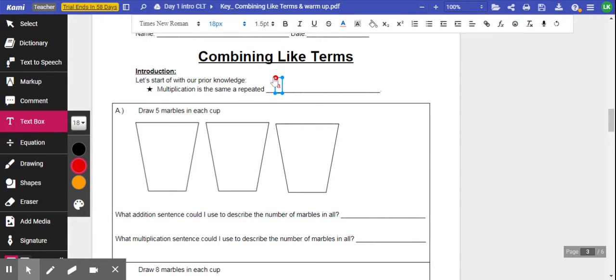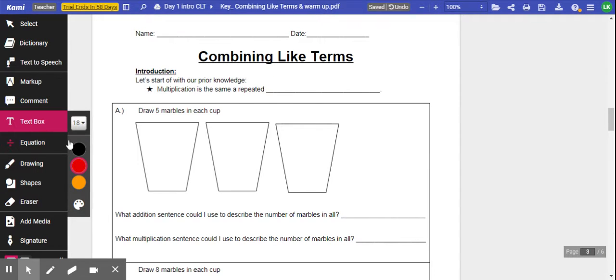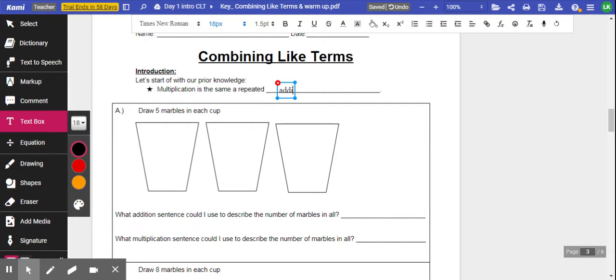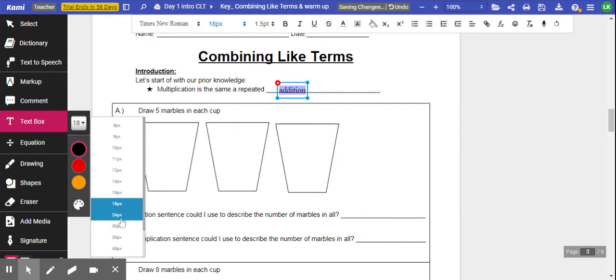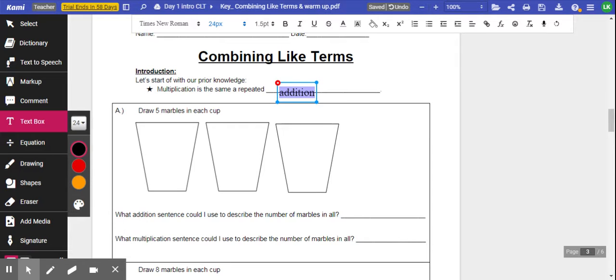Actually, I'm going to use this so I can print it later on. It's a shortcut for repeated addition. You got it. Make this a little bigger. How's that? Better? Okay. All right. So repeated addition.